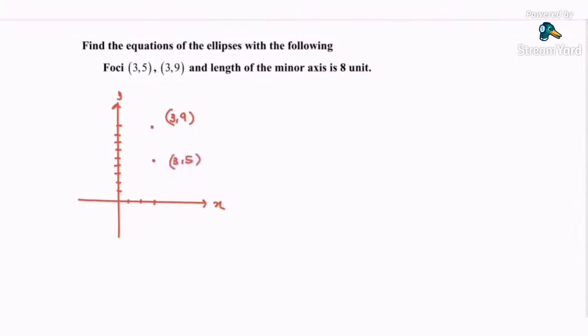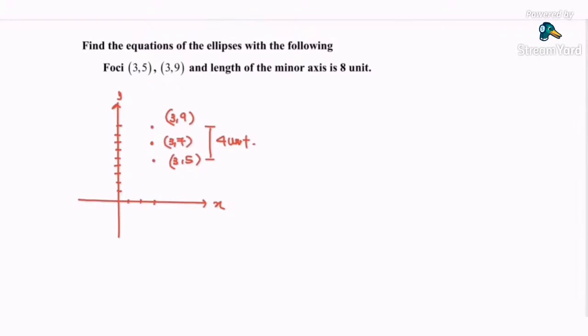As we all know, here we have 4 units between the foci. So in the middle of the foci, we have the center, which means we have 2 units difference from the center. So here we will have (3, 7) for the center.